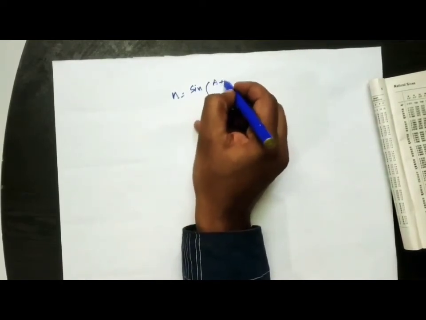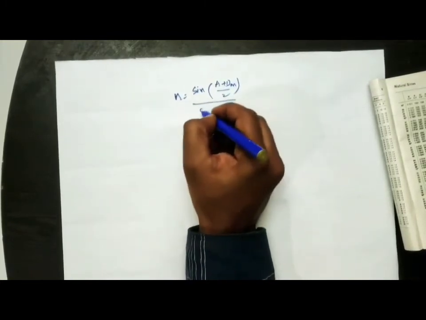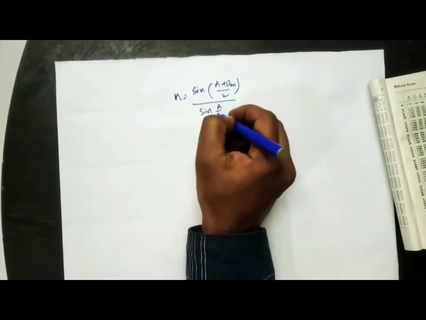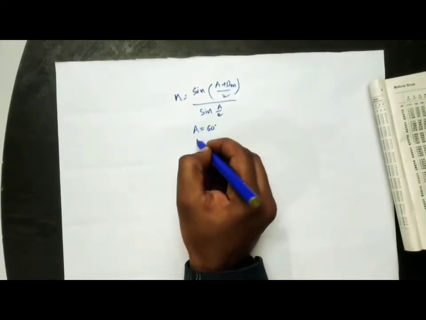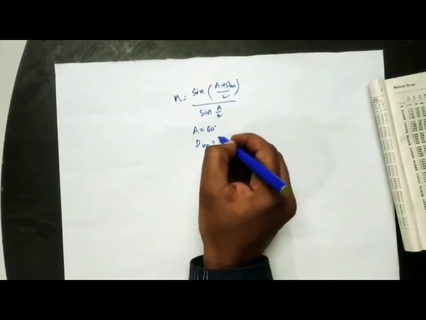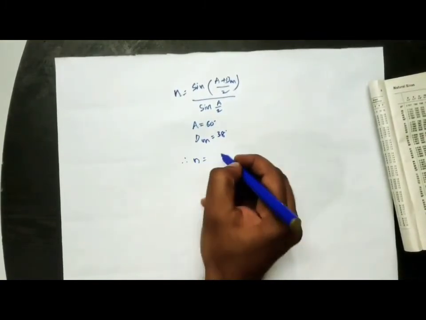Now let us write the formula of refractive index: sin((A plus Dm)/2) divided by sin(A/2). I have another video for the derivation. You may go through it for the derivation. For an equilateral prism, A is equal to 60. What we have measured for the angle of minimum deviation is 38.